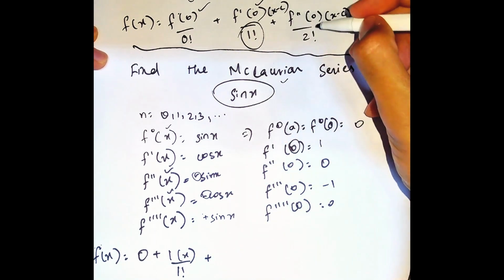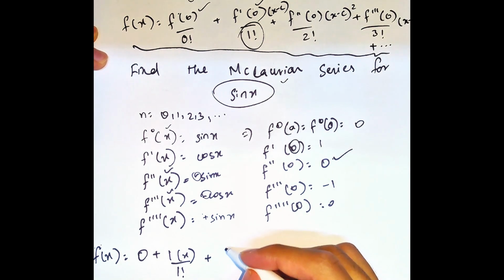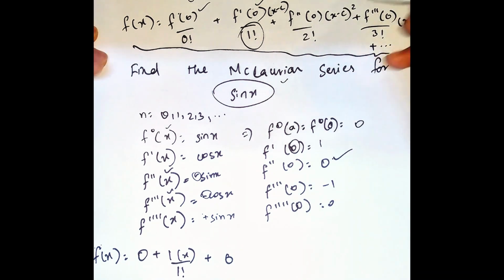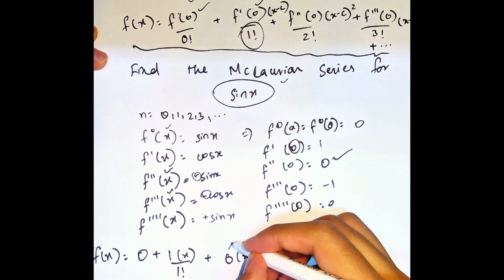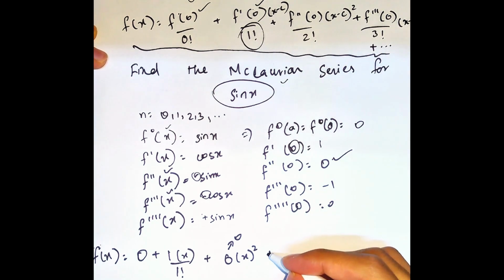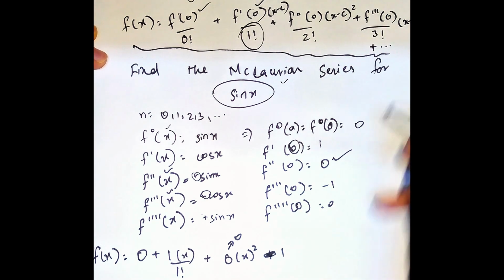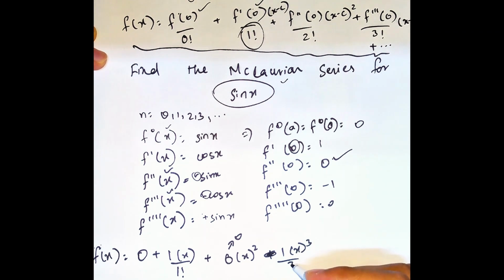Plus the second derivative at 0, which is 0, times x squared, which of course equals 0. Plus the third derivative at 0, which is negative 1, times x minus c, so we will have negative x cubed divided by the third factorial.